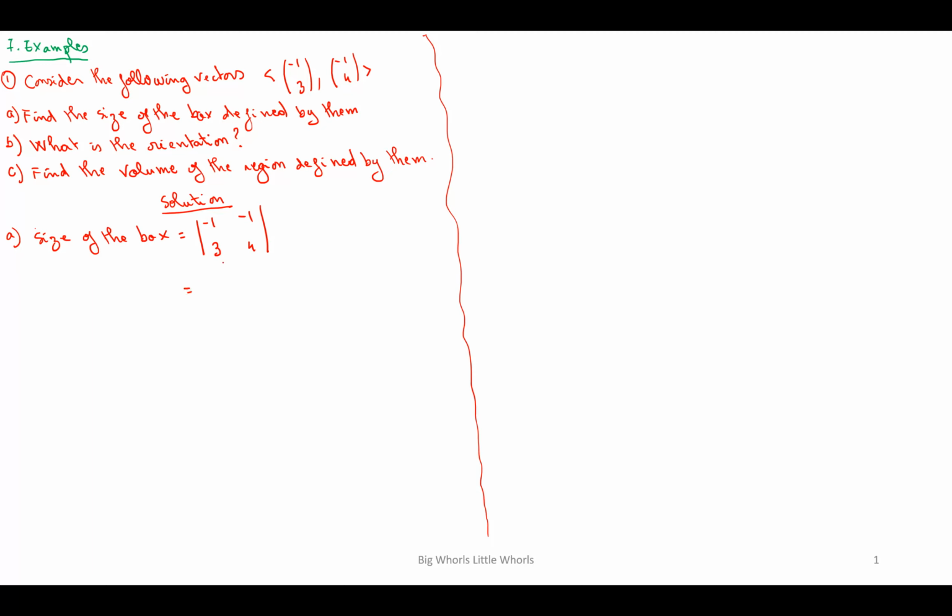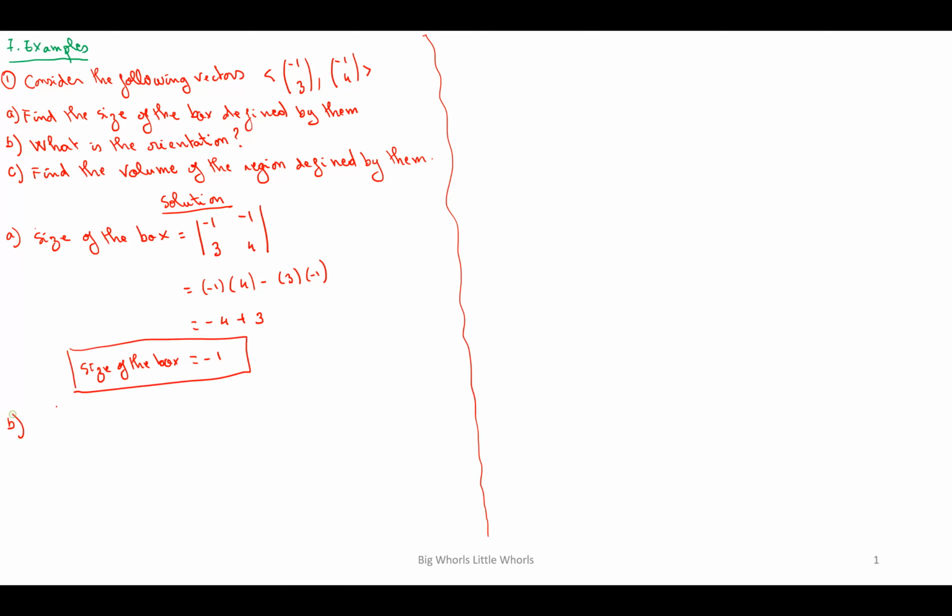We can just apply the formula of the determinant. So the determinant of the box is -1 times 4 minus 3 times -1, which is equal to -4 + 3, which is equal to -1. So the size of the box is equal to -1.